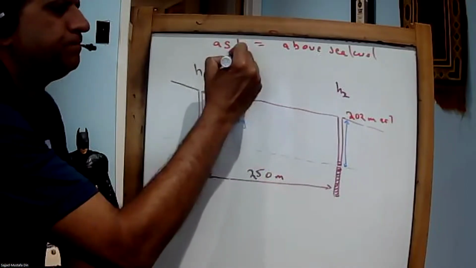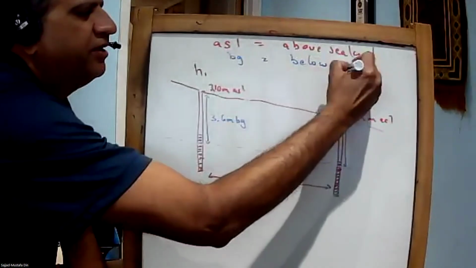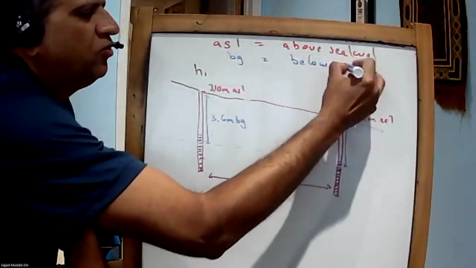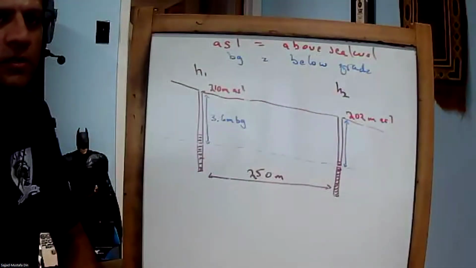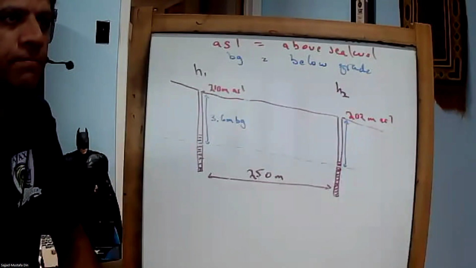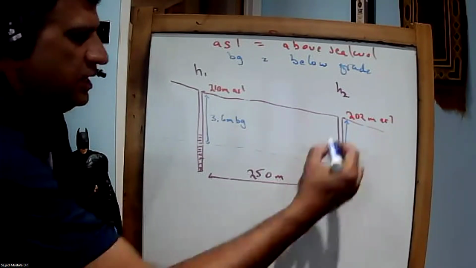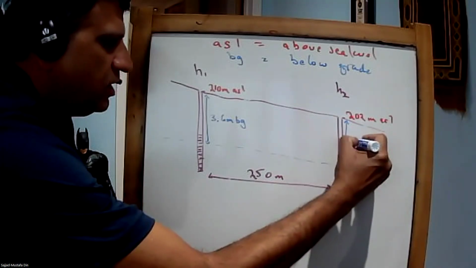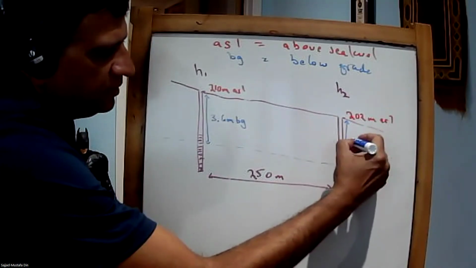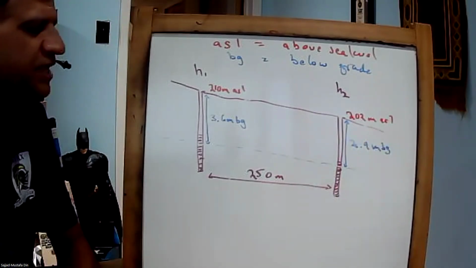BG means below grade or below ground surface. Let's say in this case, the depth to water is 2.9 meters below grade. So what does that mean?